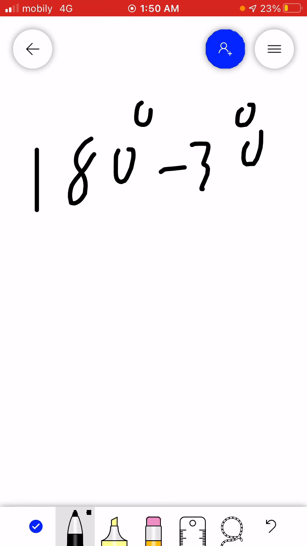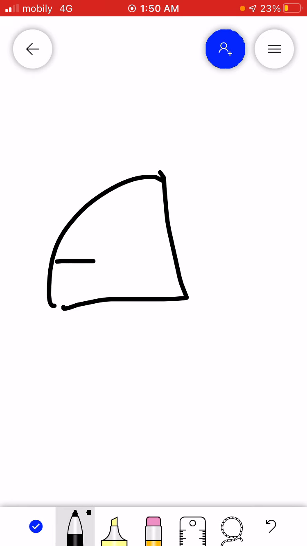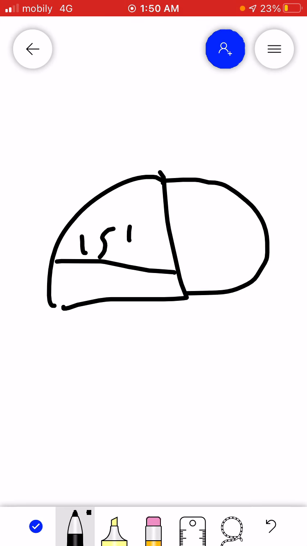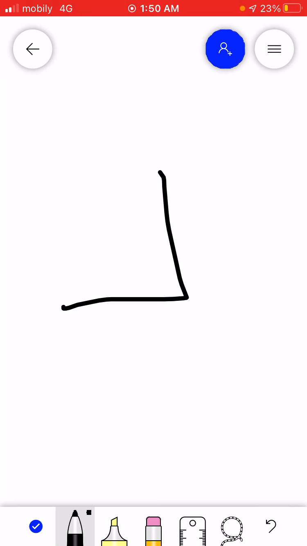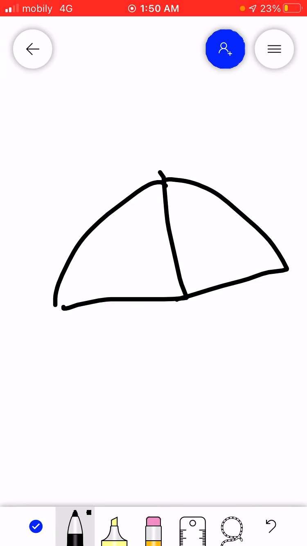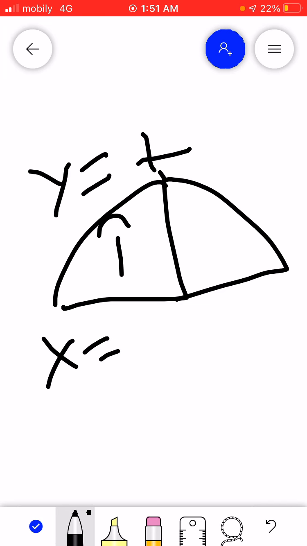We want to know this. This is 150 degrees. What we understand about the second quadrant is that the y-axis is going up because it's the sine, so it's still positive, and the x-axis is negative.